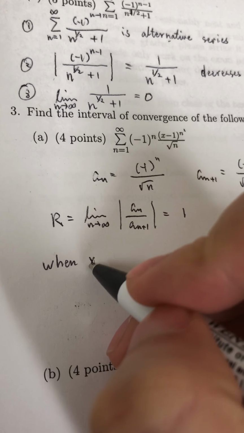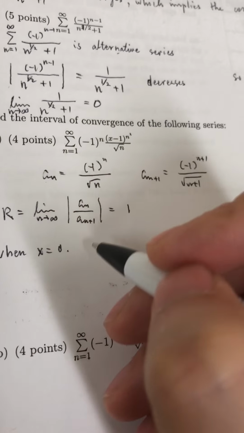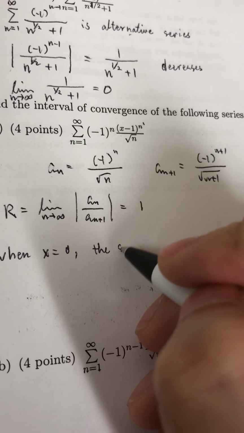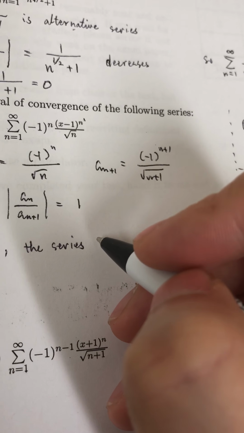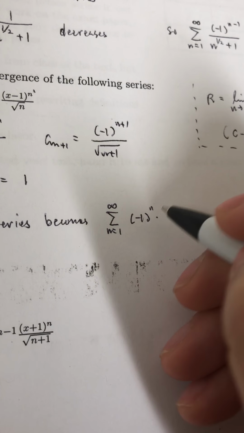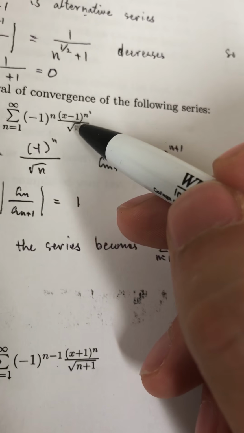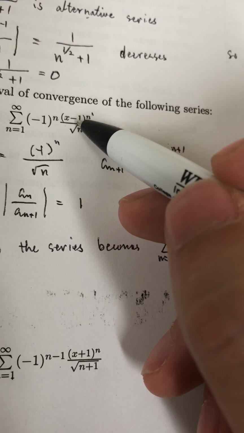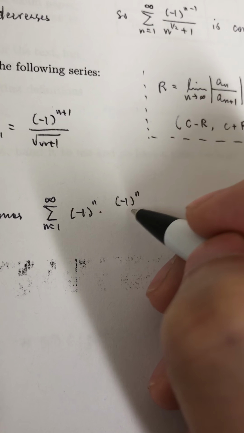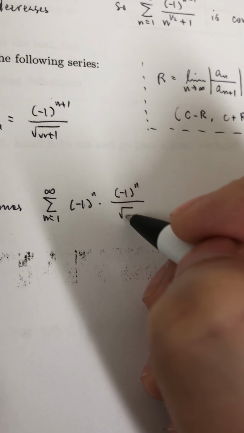When x equals 0, the series becomes sigma n equals 1 to infinity, negative 1 to the n, times, remember here x is equal to 0, so it's 0 minus 1, negative 1 to the n, divided by root n.